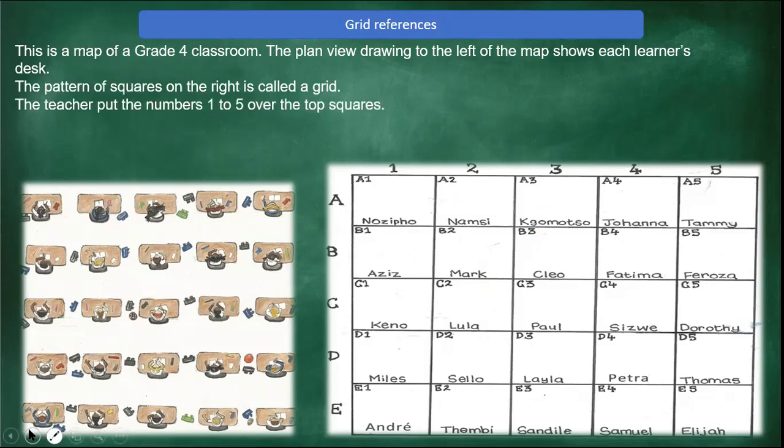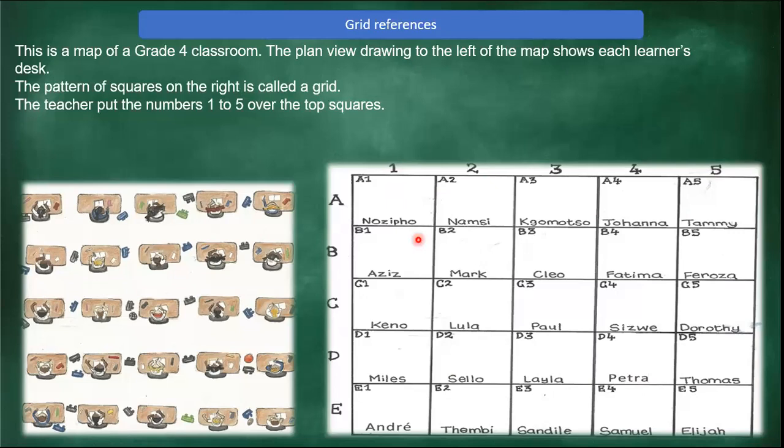The teacher puts the numbers 1 to 5 over the top of the squares. As you can see here, over the top of these squares, the teacher will put 1, 2, 3, 4, 5.